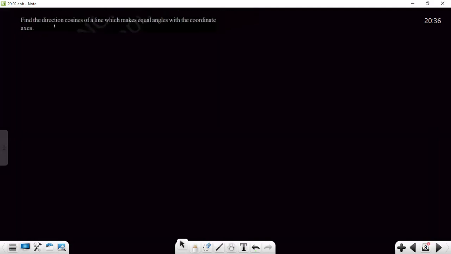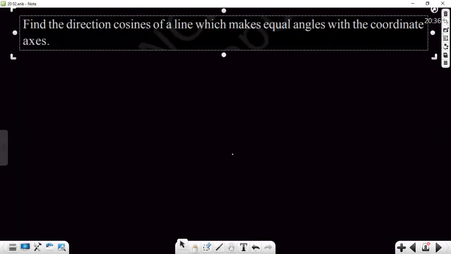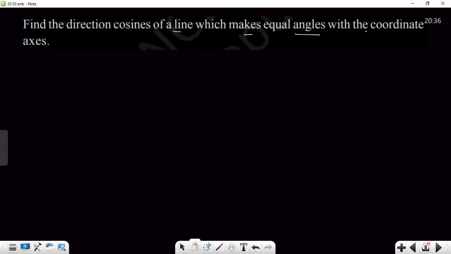We have to find the direction cosines of a line which makes equal angles with the coordinate axes. So alpha, beta, and gamma are all equal angles. Let me call it theta.